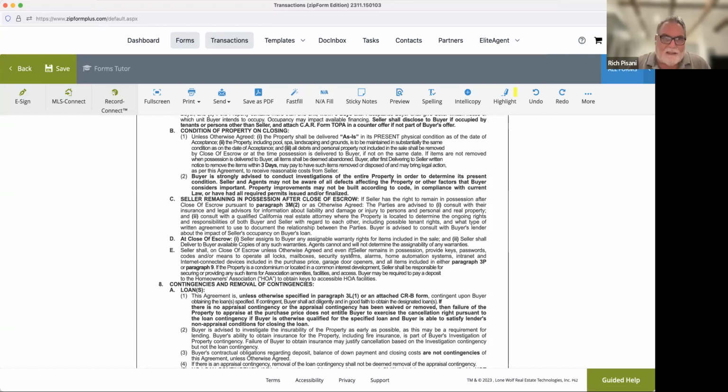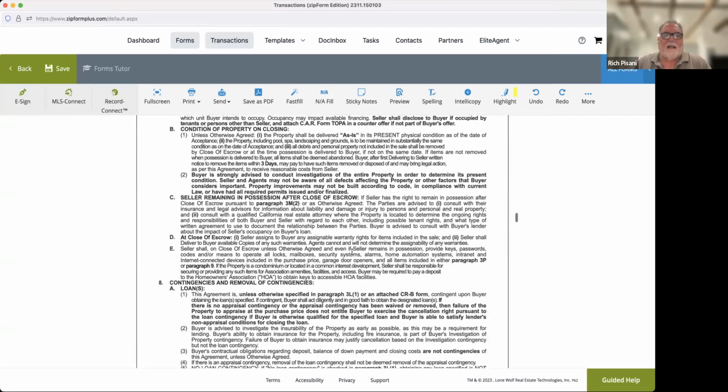Well, this is, what number is this? 7E, seller shall at close of escrow, unless otherwise agreed, and even if seller remains in possession, provide keys, password codes, and other means to operate all locks, mailboxes, security systems, alarms, intranet, and so on. So at close of escrow, they need to turn this stuff over. Even though they're staying in possession, it's the buyer's house, they can come and inspect with 24 hours notice, all of this. So that's very important.